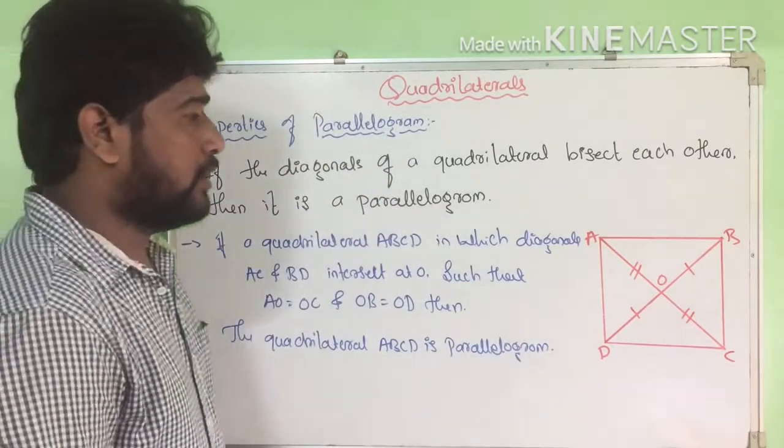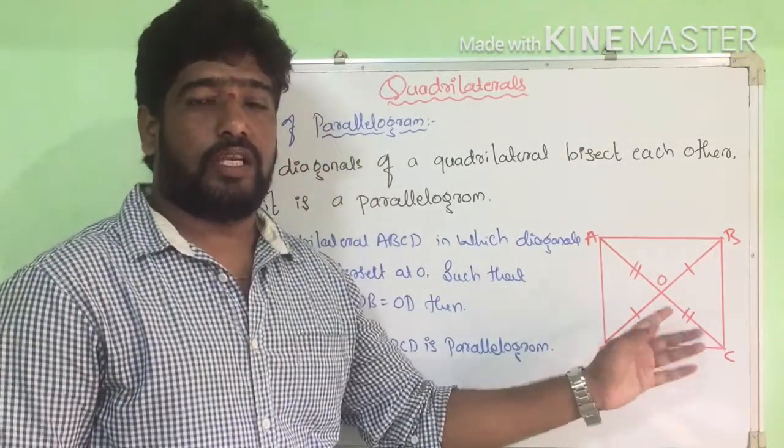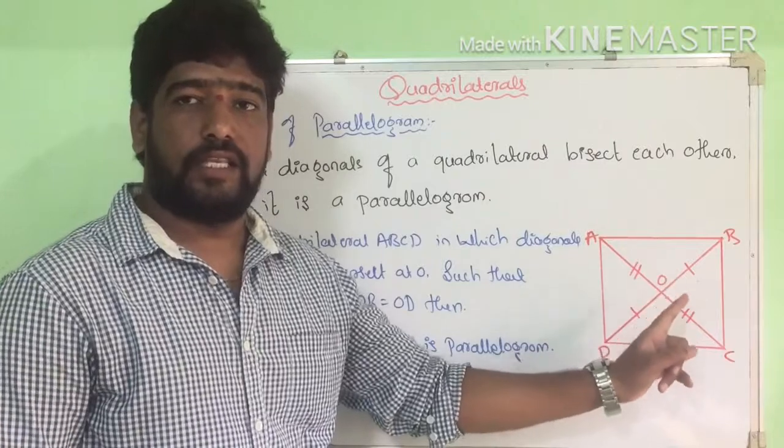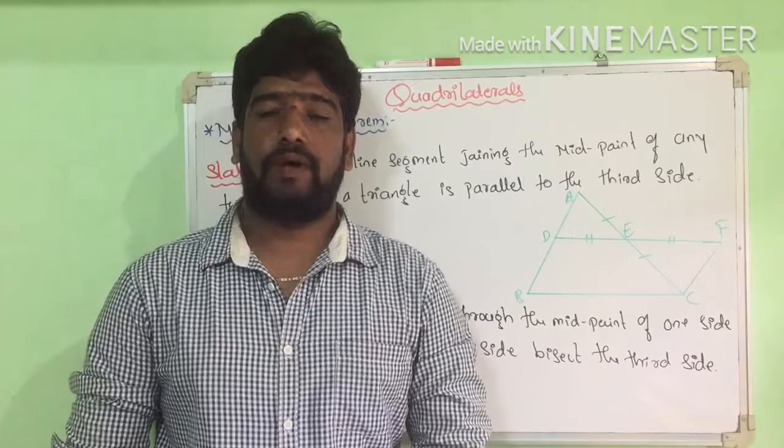Is it clear? So if the diagonals of a quadrilateral bisect each other, it means that quadrilateral is a parallelogram. Well students, next concept is the midpoint theorem.